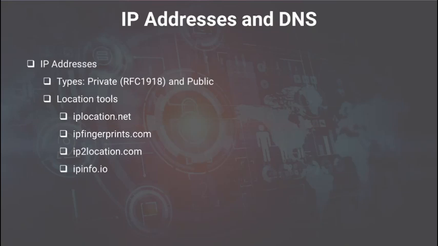And in our case, we will speak of the internet as a network, as a big computer network, since our main resources are found on the internet for our open source investigations. IP addresses are all over the place. Your computer right now has an IP address, probably a private one, and that brings us to our second bullet. The two major groups or types of IP addresses, private and public.